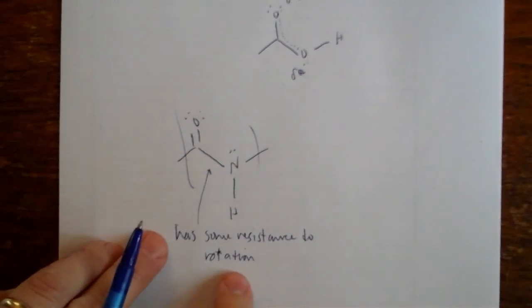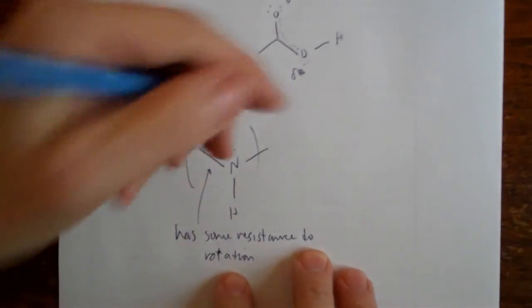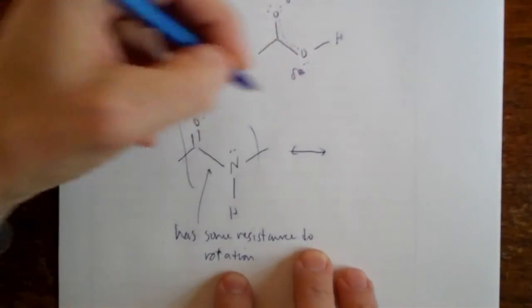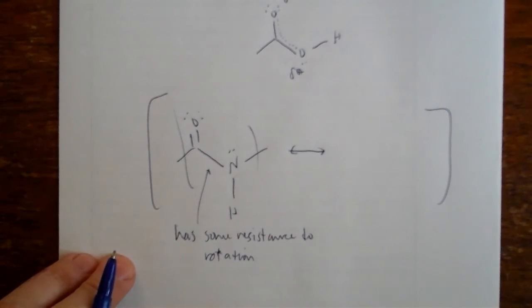I'm not going to make a big deal out of it here in this class, but I'm only going to show how here's a resonance contributor that does have a non-negligible effect, even though one is far more stable than the other.